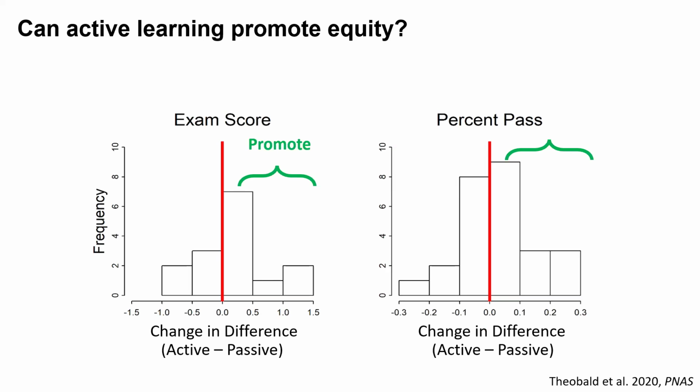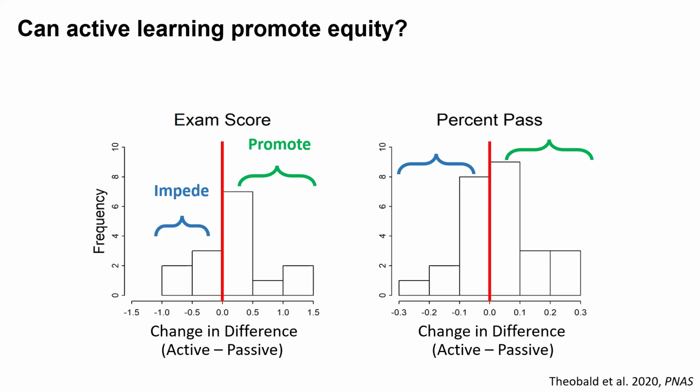On the right-hand side of this vertical line, these are classes that promoted equity with the move from passive learning to active learning. On the left-hand side, these are classes where the inequities actually got larger with this shift from passive learning to active learning. And I deeply want to know why, what can explain any amount of this variation.